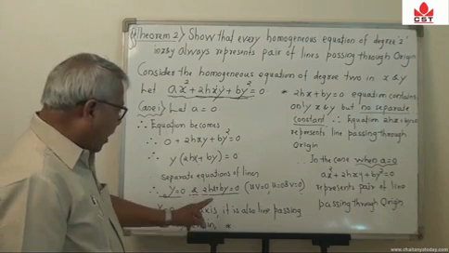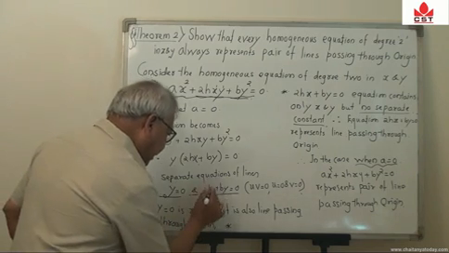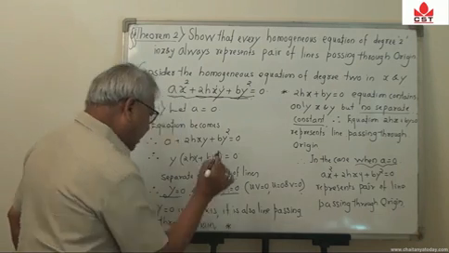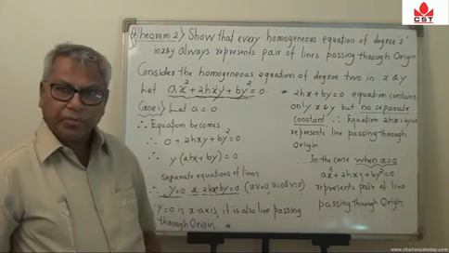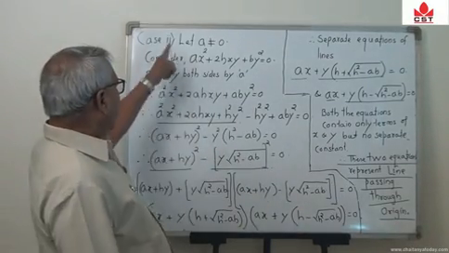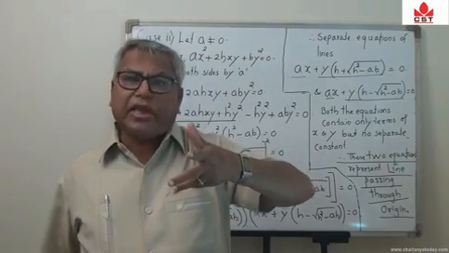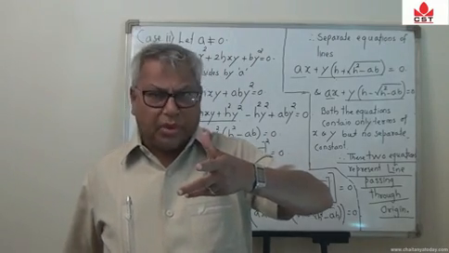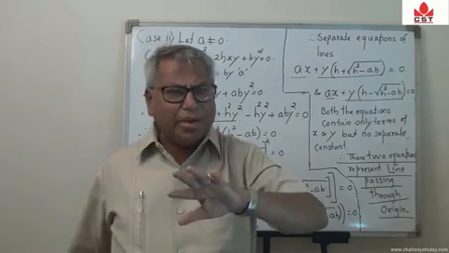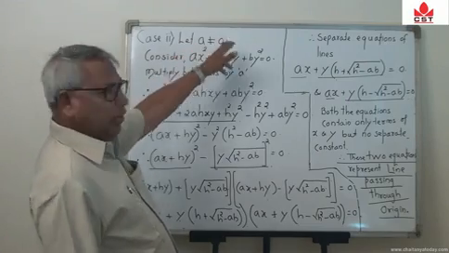One is y equal to 0 and the second is 2hx plus by is equal to 0. Right? Consider the second case, a is not equal to 0. You can consider also b is not equal to 0 or b is equal to 0 also, but only just a is not equal to 0, that's why I consider a is not equal to 0.